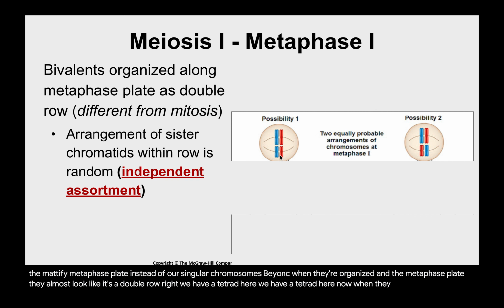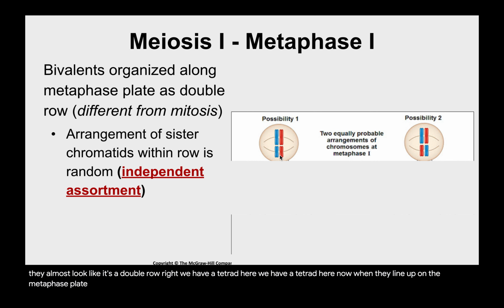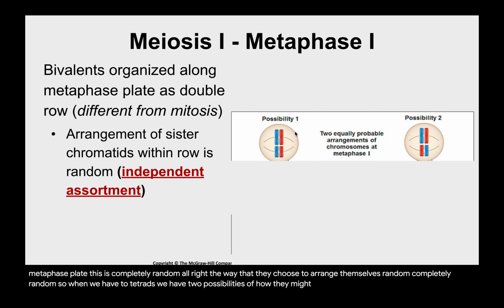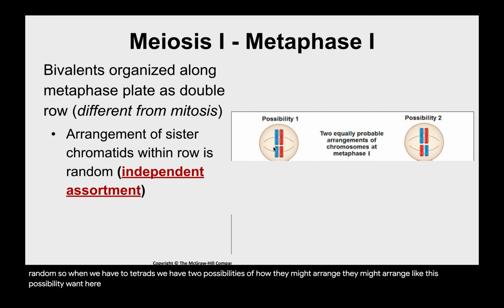Now when they line up on the metaphase plate, this is completely random. The way that they choose to arrange themselves is completely random. So when we have two tetrads, we have two possibilities of how they might arrange. They might arrange like this possibility 1 here, where both of the blue chromosomes are on one side and both of the red are on the other side.